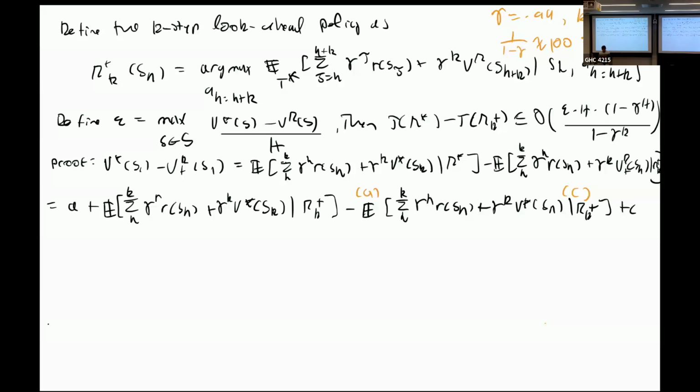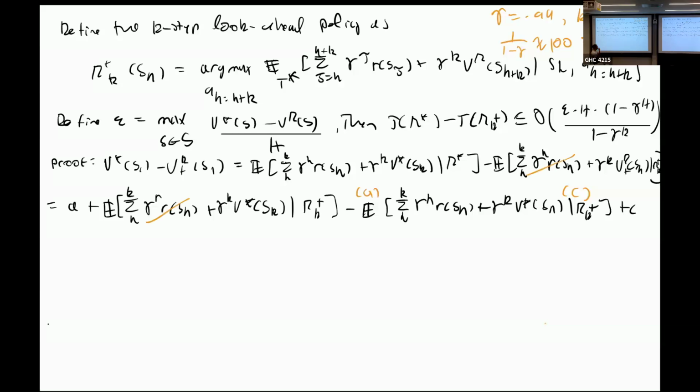So, okay, we have this set of things here. Now, the key step in this proof is realizing that two terms cancel. Specifically, this term here and this term here cancel. Can anybody tell me why that's true? You are picking actions corresponding to the same policy, so the reward that we get will be the same.